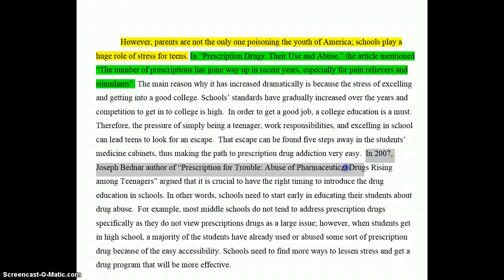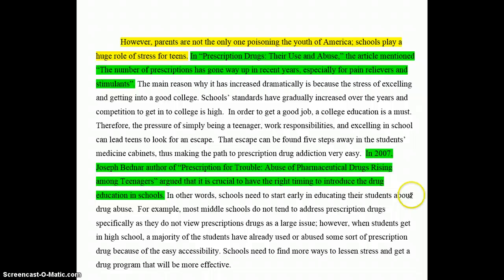Here, in 2007, Joseph Bednar, author of Prescription for Trouble, Abuse of Pharmaceutical Drugs Rising Among Teenagers, argued that it is crucial to have the right timing to introduce drug education in schools. Here it is.